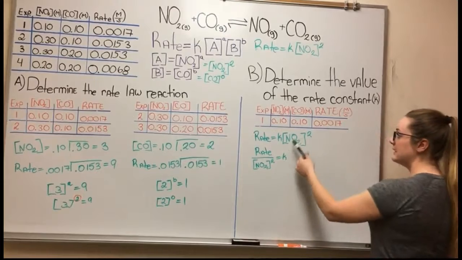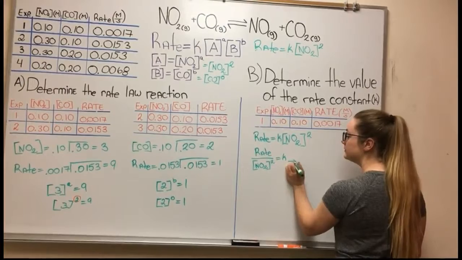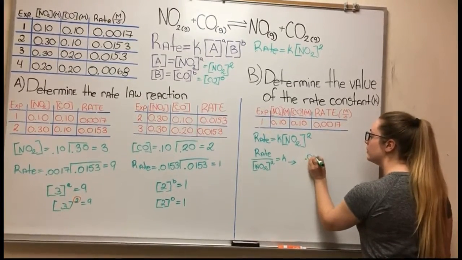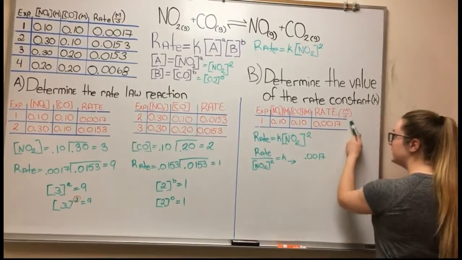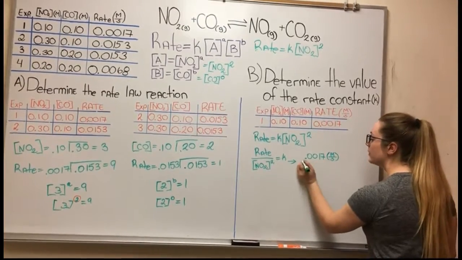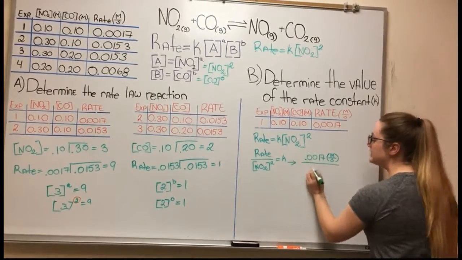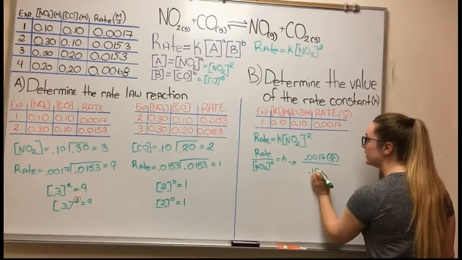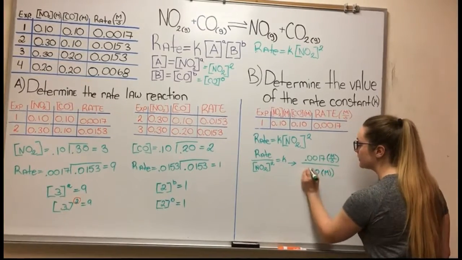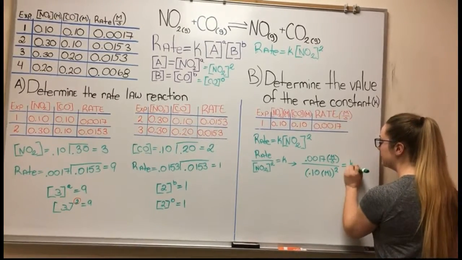Now you're just going to plug in the data from your experimental chart, which is your rate, 0.0017 in units of molarity over seconds, over the concentration of NO2, which is 0.10 times its units, molarity, raised to its order, which is 2, which will give you k.